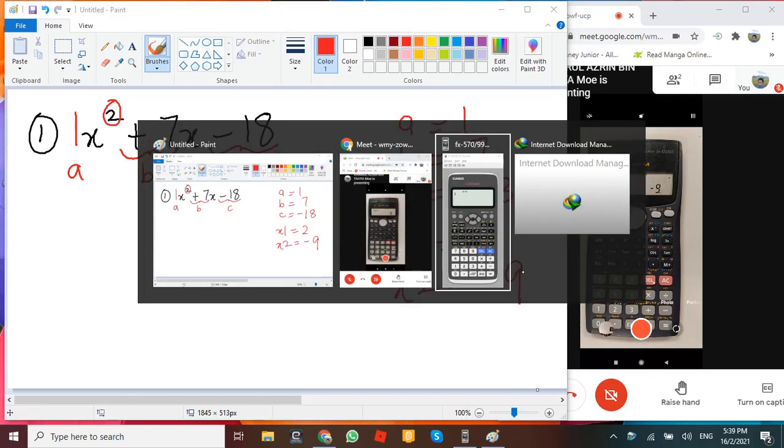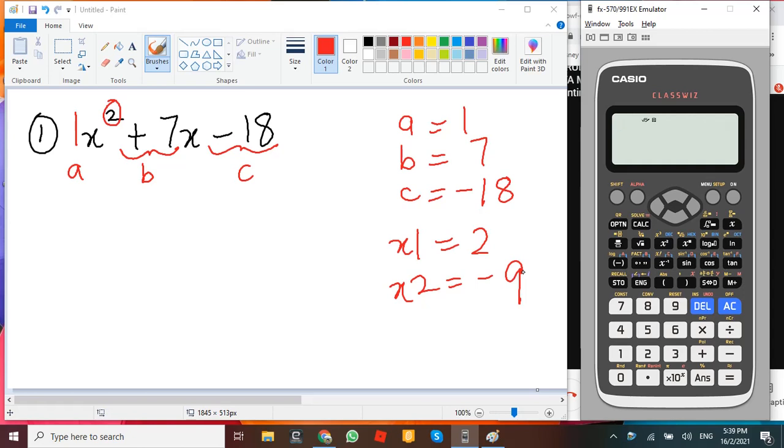How about another calculator? Okay, so I show you how you want to find the answer using this calculator. First of all, you press this menu button. Okay, and then you can navigate down using the arrow button. You find this one, A after 9, the equation or function.